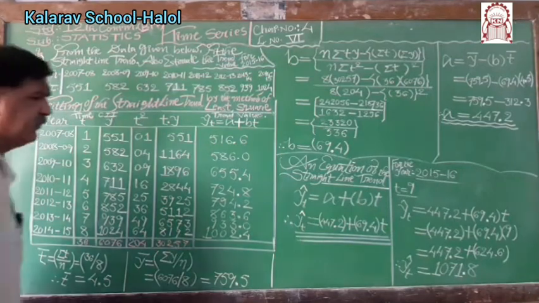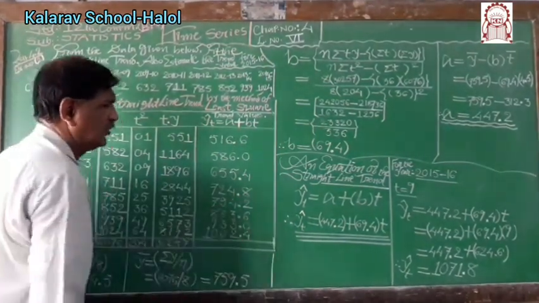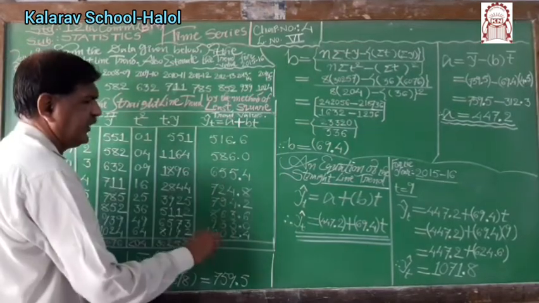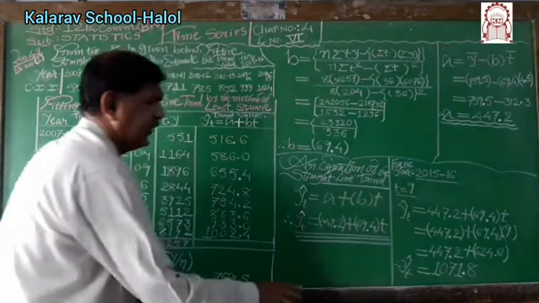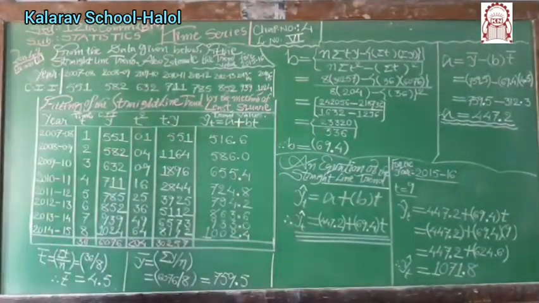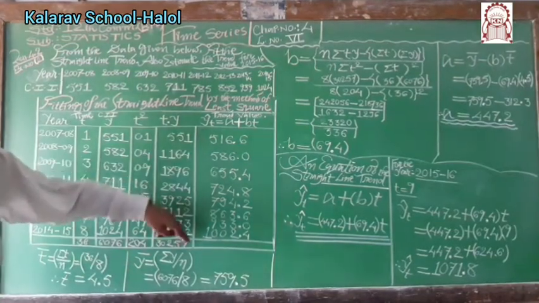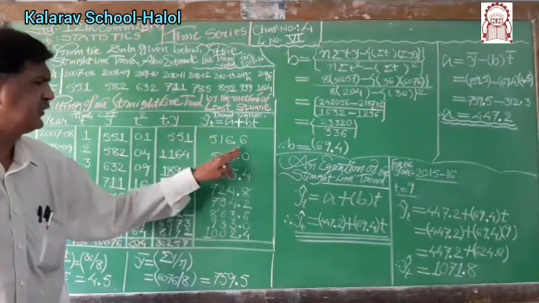For computing this calculation, working must be shown in your answer book. To show this, substitute one by one, t equal to 1, t equal to 2, t equal to 3 successively. Put t equal to 1 in this, you will get 516.6.